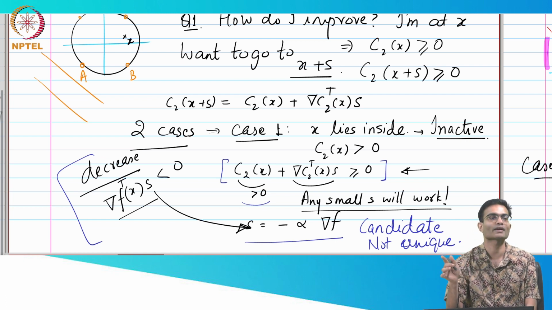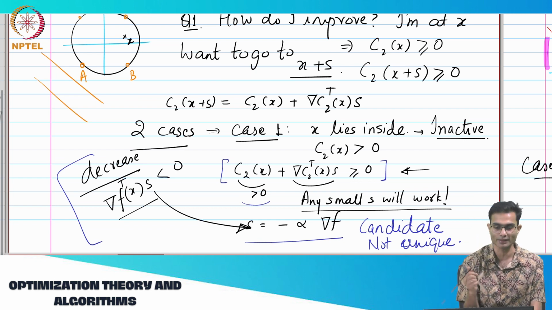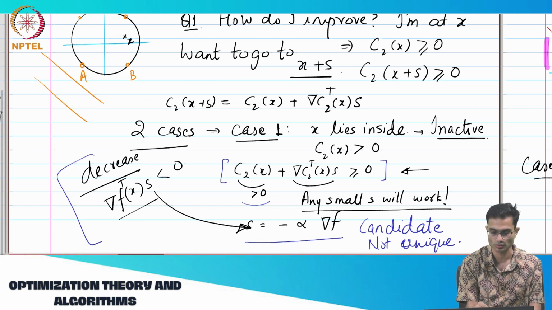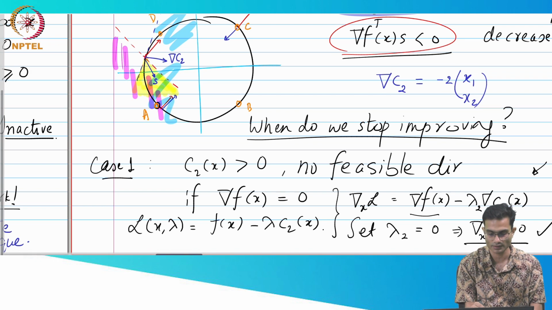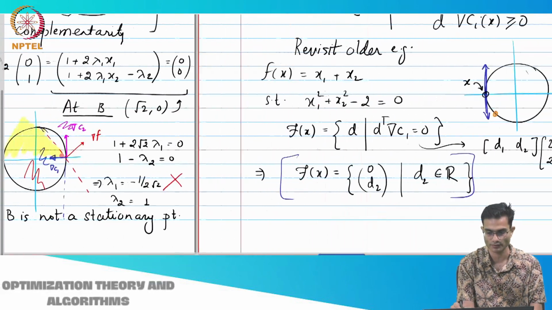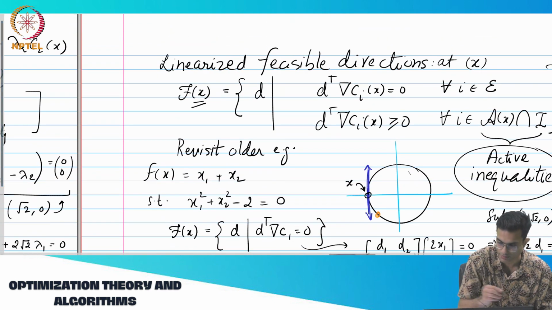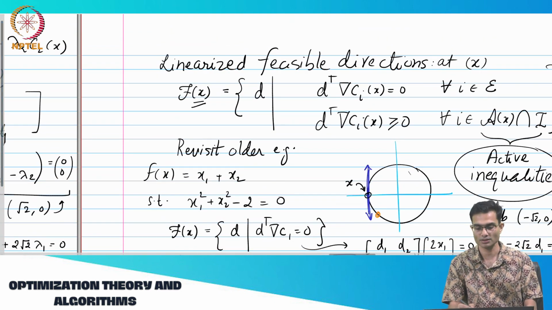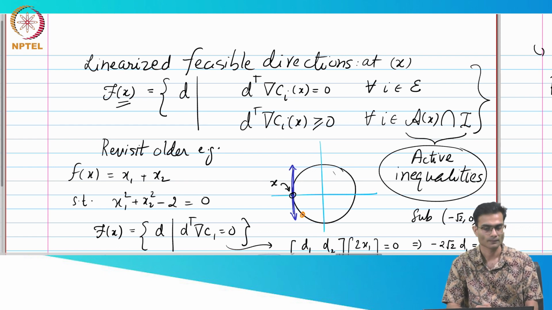Exactly. That's why I need to be a little careful about active inequalities, because if I'm in case 2 and I take any direction, I'm in trouble. I can fall out, right? So that's why the final definition that we have of the linearized feasible directions takes care of the active inequalities.